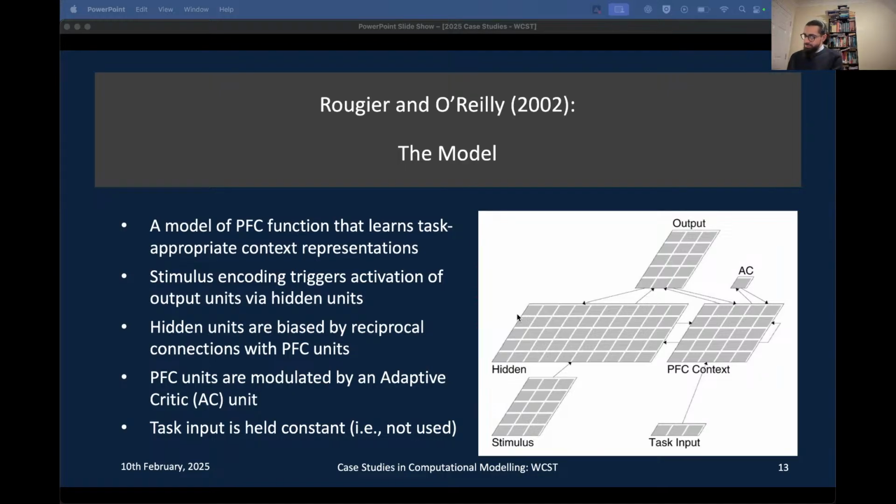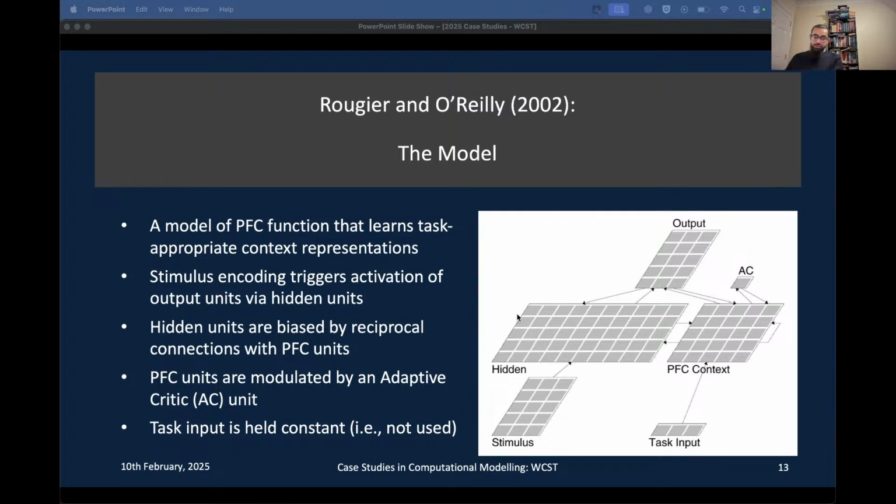So the interesting thing I noted here was that the prefrontal cortex does not contribute directly to the input-output mapping task, but rather contributes by providing appropriate task-relevant biases. So it provides task-relevant biases.